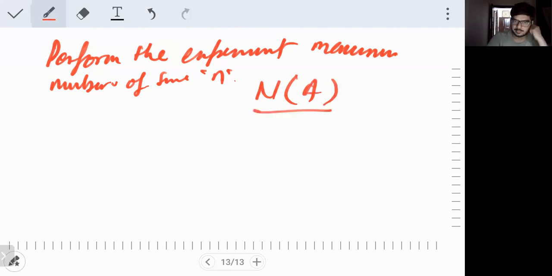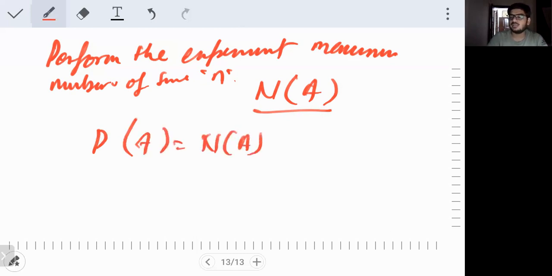The probability of the event A will equal NA upon N. Here N is the number of times the experiment has been performed. We are taking a particular case and counting the number of times event A has occurred. So NA upon N. So this is the relative frequency approach.